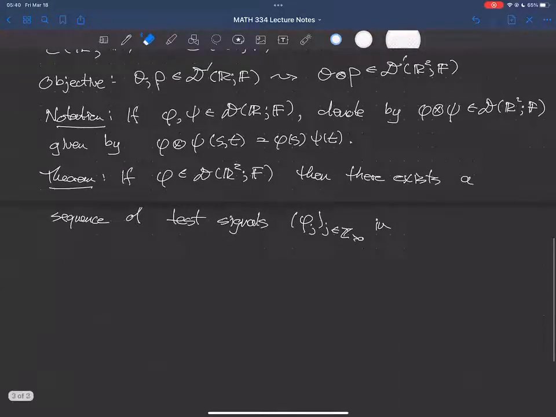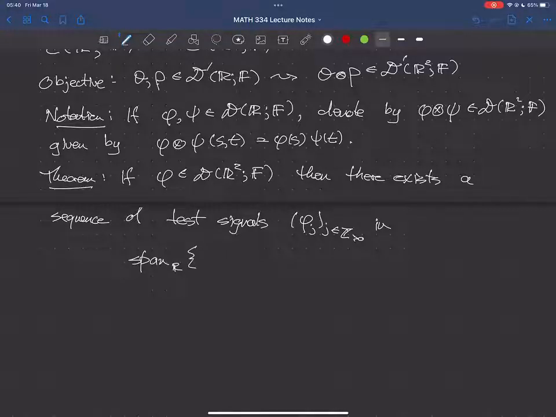So these phi j's are going to be in the span over R of, in the absence of better notation, mu tensor nu, where mu and nu are test signals in one dimension.